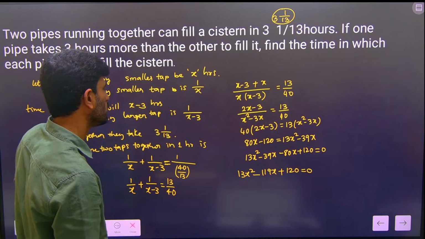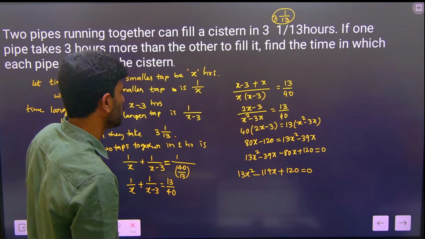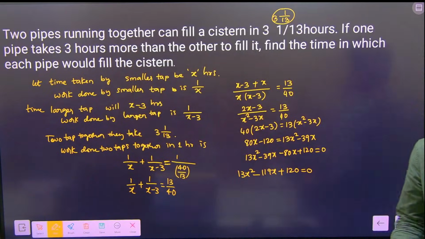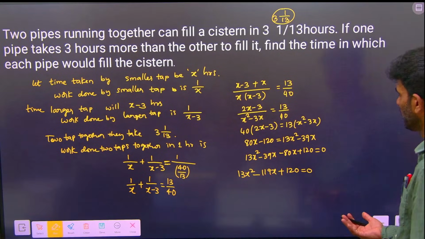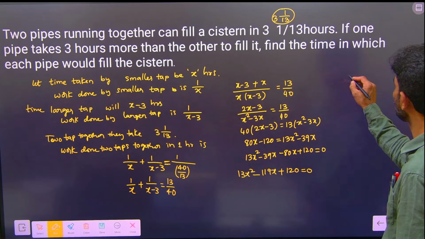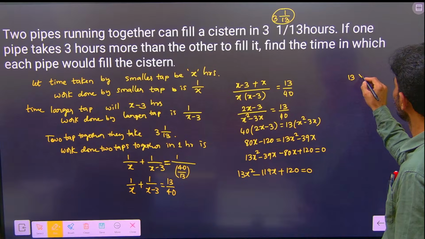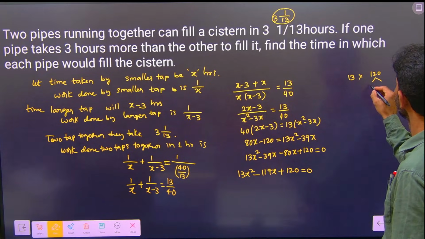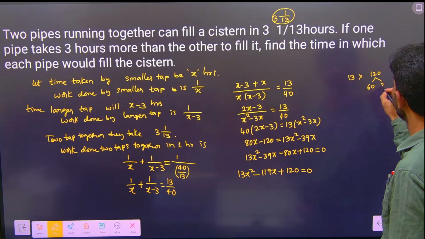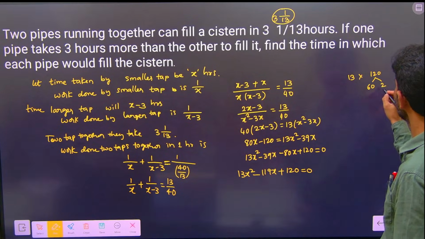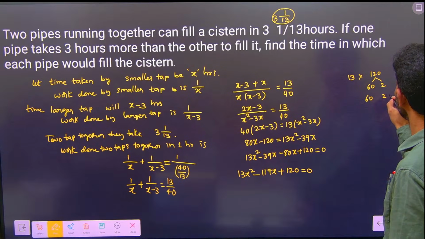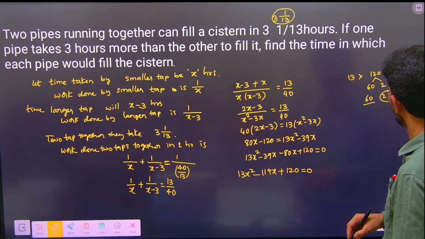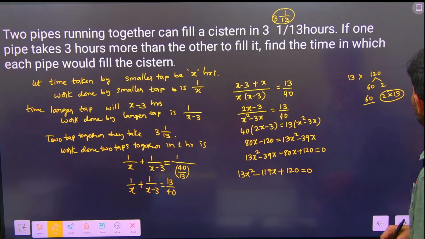Now we have to take the factors of this, but it is not divisible everywhere. So splitting the middle term, 120 into 13. 13 into 120. 120 factors, 60 and 2, so 60 into 13. Do we get 26 and 60? 119?